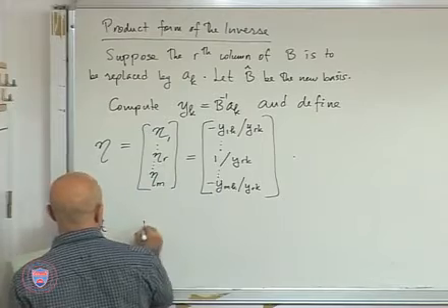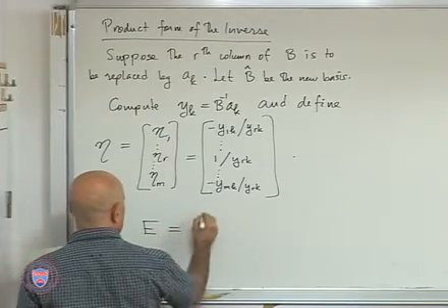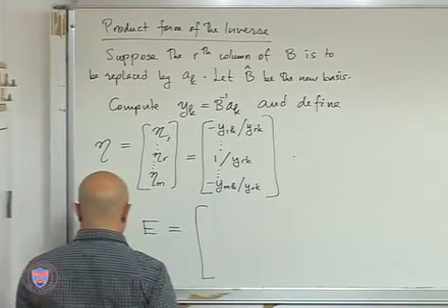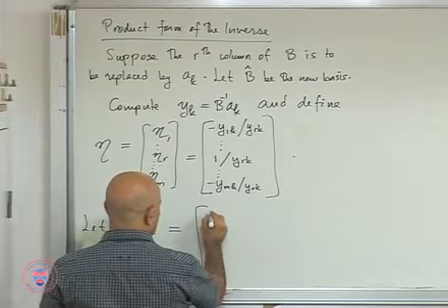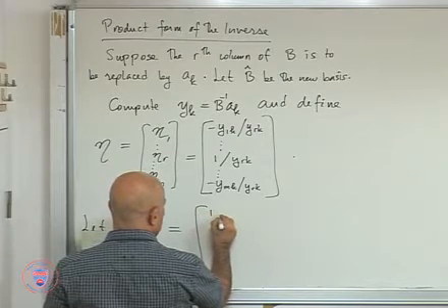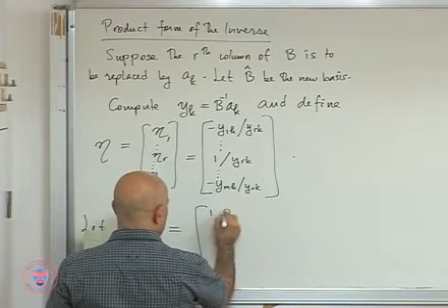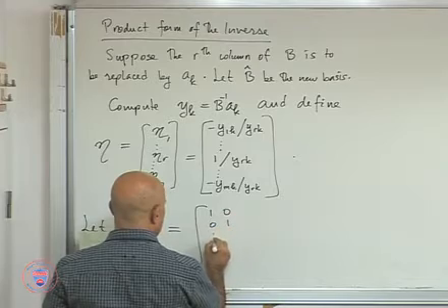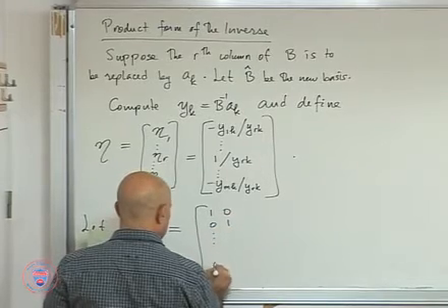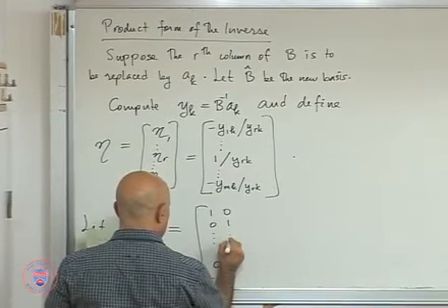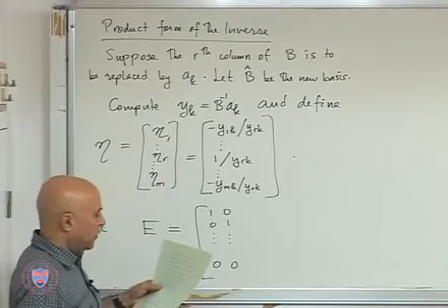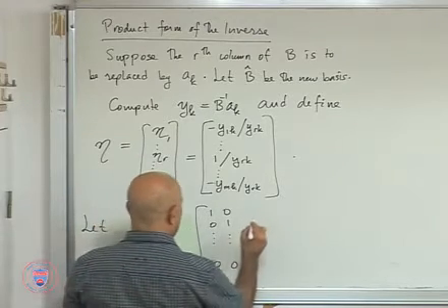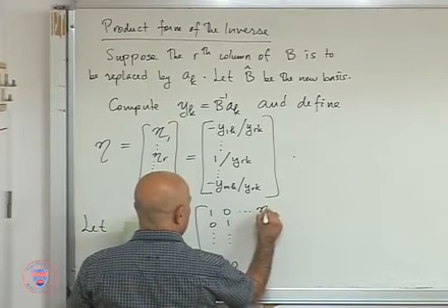Then we define an elementary matrix, E, which has the identity columns except in the rth column. The rth column is the eta vector.